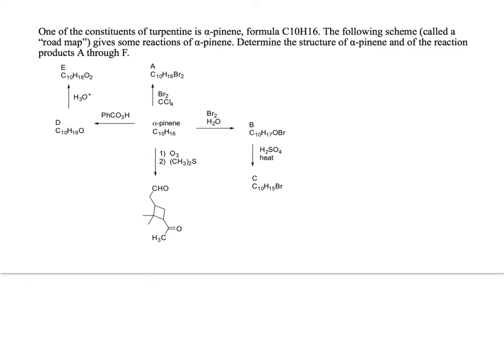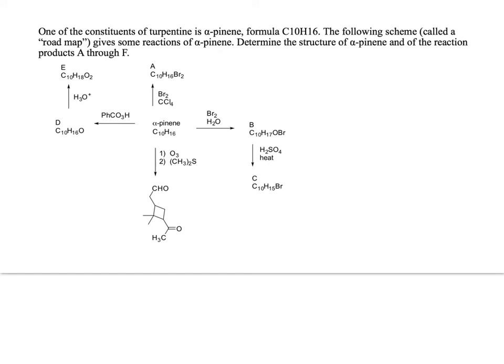Okay, alpha pinene. These are called road maps. They're kind of fun. You basically are going to go through all the different reagents here.